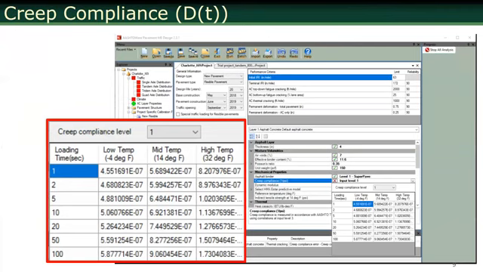Now we have E-star. In addition to E-star, another level 1 input is the creep compliance at low temperatures. These are used in low temperature cracking calculations: -4 Fahrenheit, 14, and 32 Fahrenheit. If you look at this, loading is time, and this is the creep compliance. What is creep compliance?